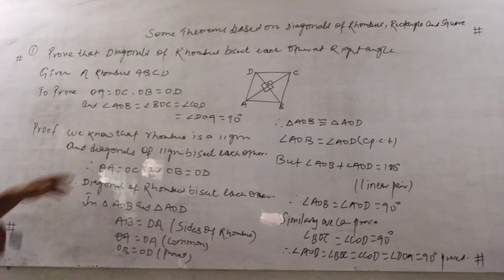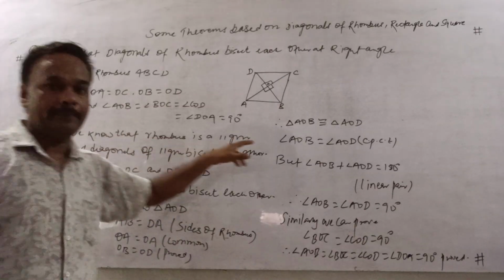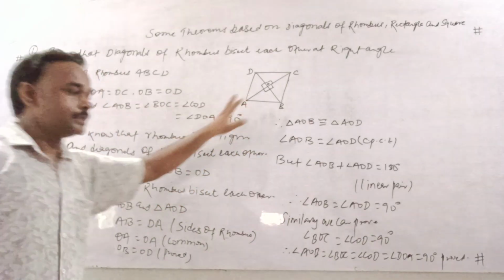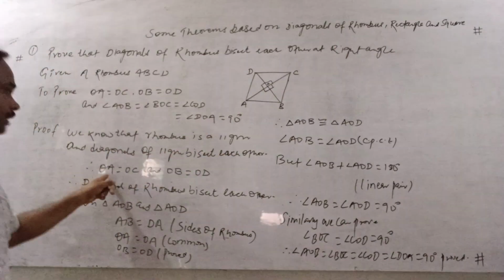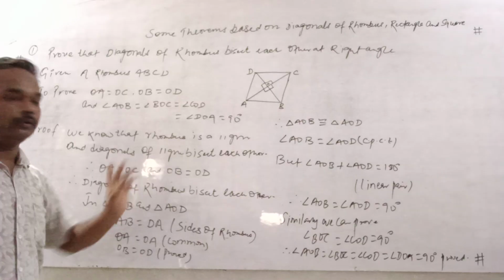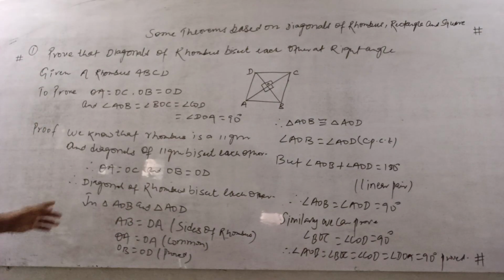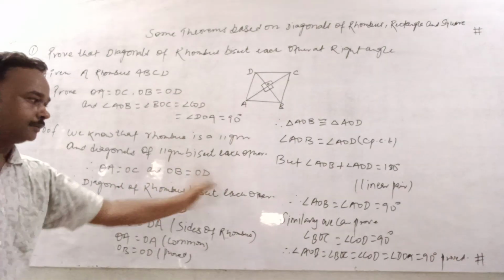Clear? See the proof. We know that rhombus is a parallelogram, and diagonals of rhombus bisect each other. Therefore, OA is equal to OC and OB is equal to OD. Therefore, diagonals of rhombus bisect each other.